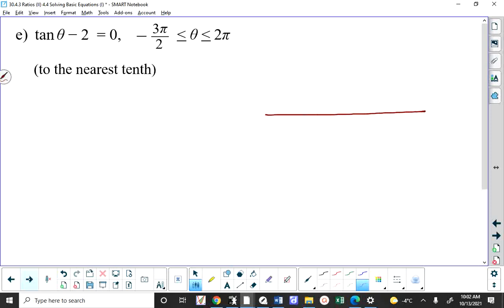I think what's going to be very helpful for you here is to figure out what these numbers are in decimal form. These are the allowable values of theta. So I really want you to figure out what -3 times pi divided by 2 is equal to. I want to know what the number is so I can see it.